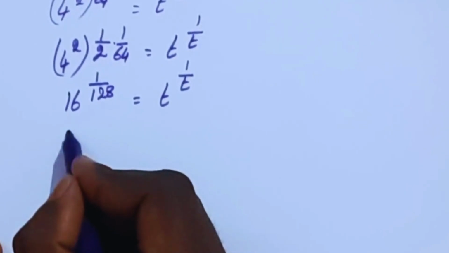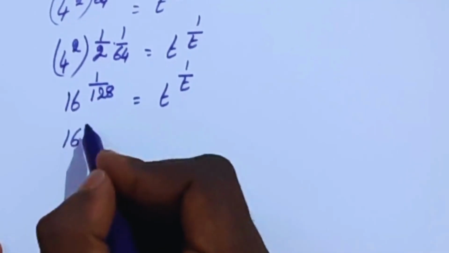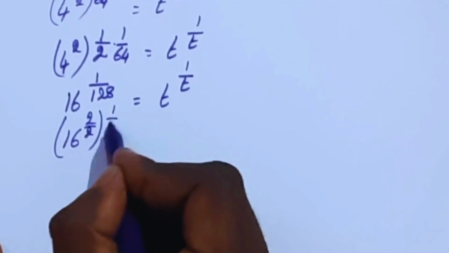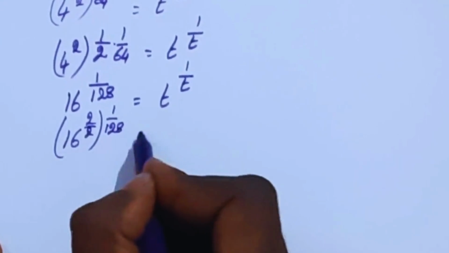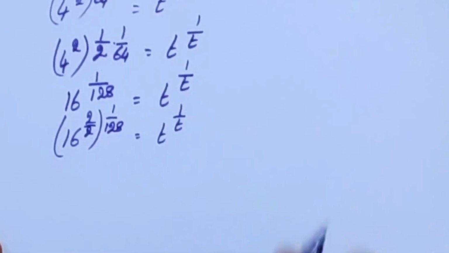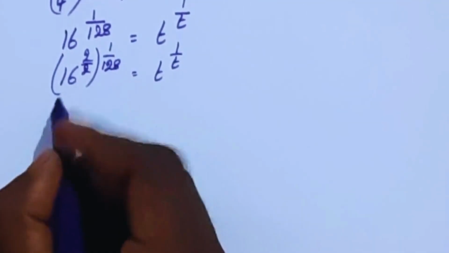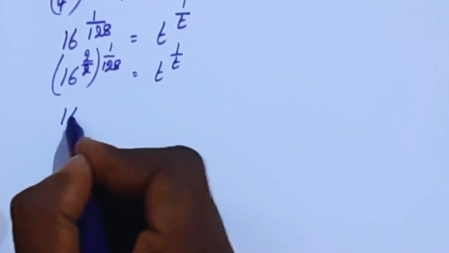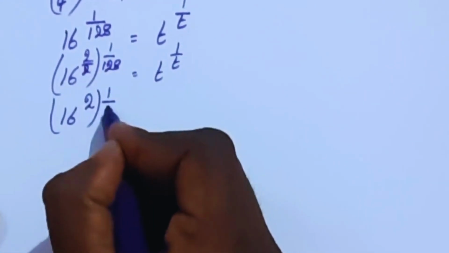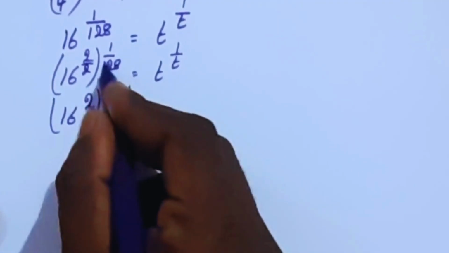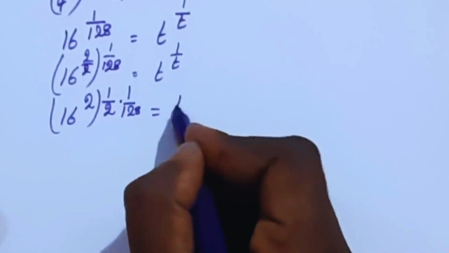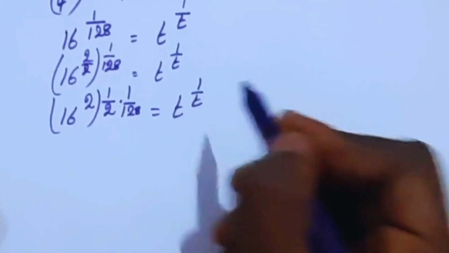Now we are going to write 1 as 2 by 2 here. (16 power 2 by 2) whole power 1 by 128 equals t power 1 by t. Now applying this, we get (16 power 2) whole power 1 by 2 times 1 by 128 equals t power 1 by t.